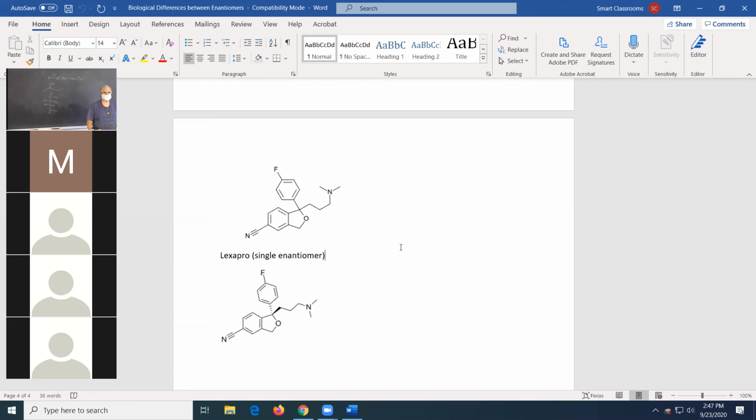So Lexapro is more potent. The chiral center is right here. If I can find my cursor. It's where the benzene ring meets this five-membered ring. Here we go. This is the chiral center right here, four different groups.